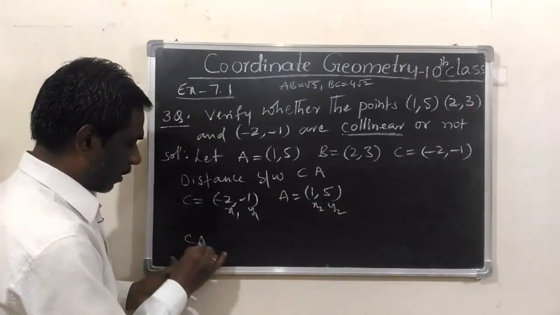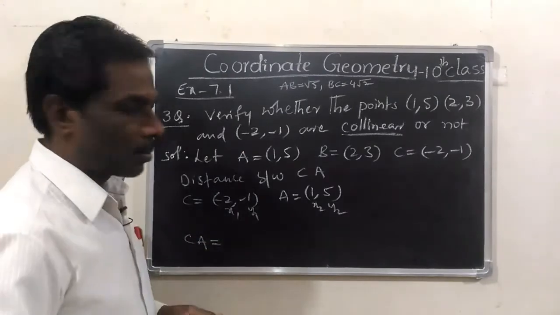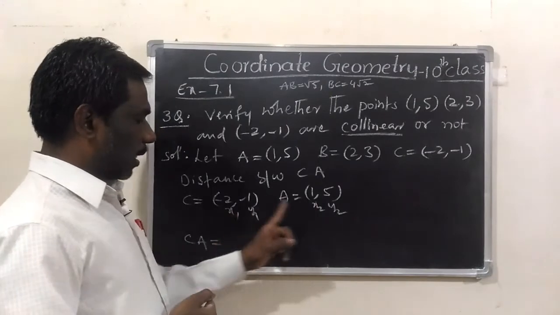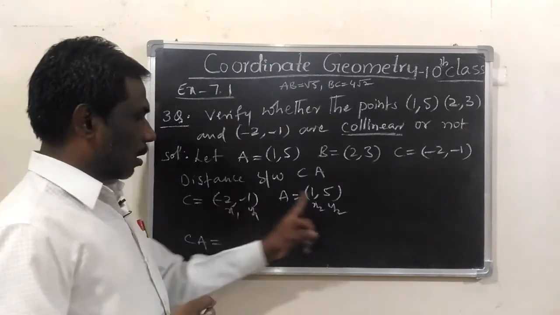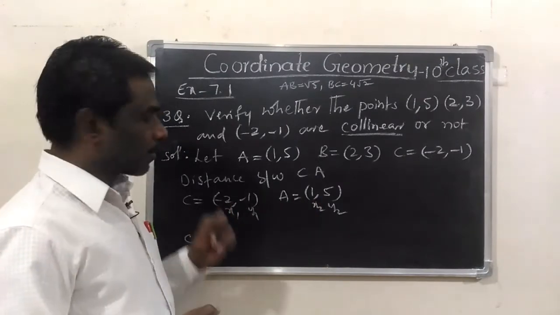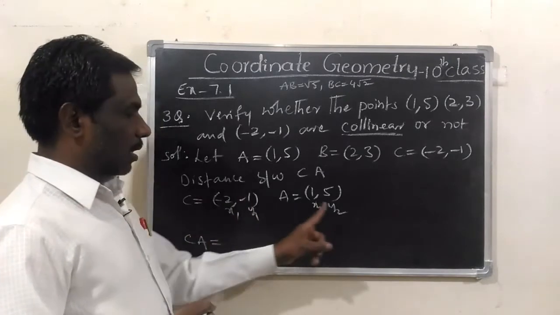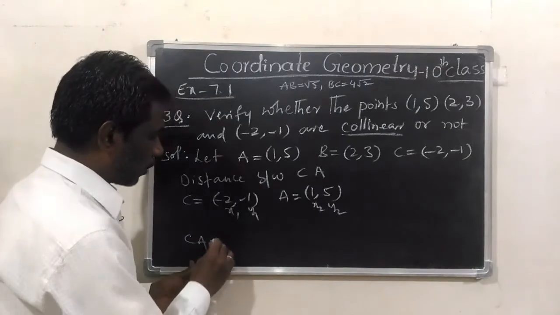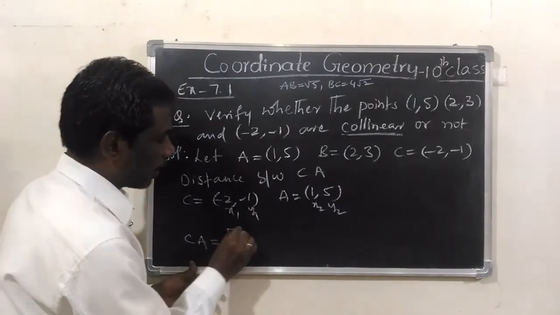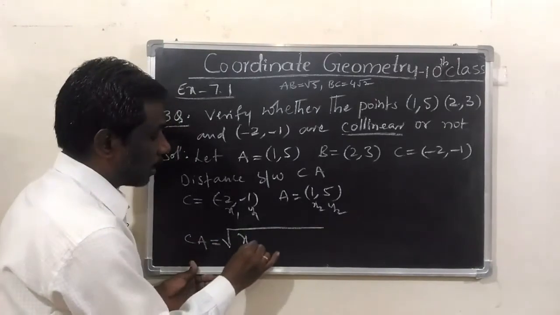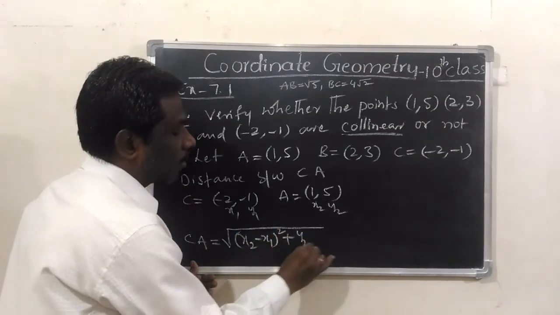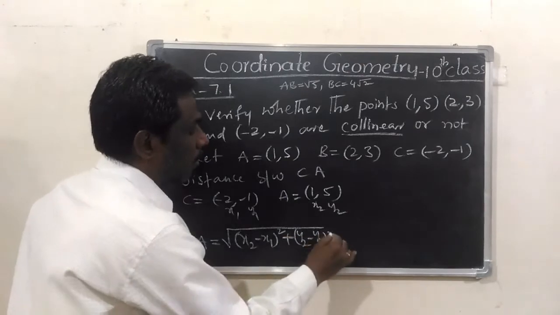And write the distance formula. Before we write the formula, check once whether the x coordinates are equal or not. No, these are not equal. And also check the y coordinates, these are also not equal. That's why we can write the formula: under root of (x2 minus x1) whole square plus (y2 minus y1) whole square.